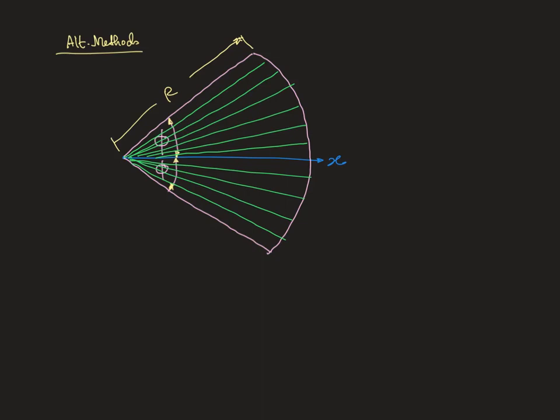Now let's take a triangle. Let's take this end triangle, right? So where is the center of mass of the triangle? From the base, 1/3 of height from the base. So 1/3 of height from the base means it is R by 3. So from the center of curvature, that is 2R by 3.